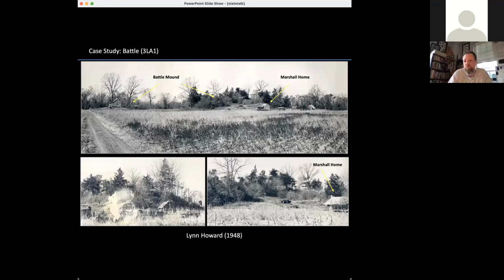The second question was related to the tenant farming occupation and its impact on the visibility of the remote sensing data. These photographs from 1948 show the presence of numerous buildings, fences, and outbuildings, all related to a gentleman by the name of Richard Marshall.